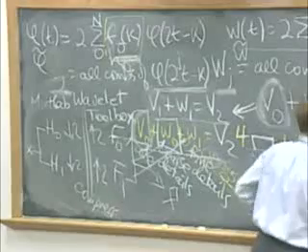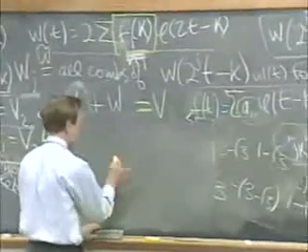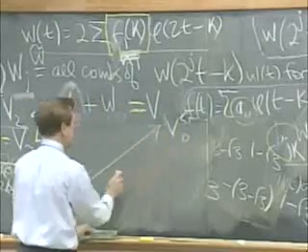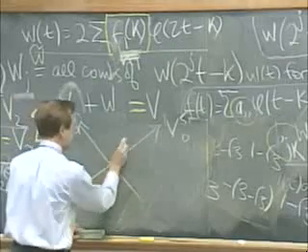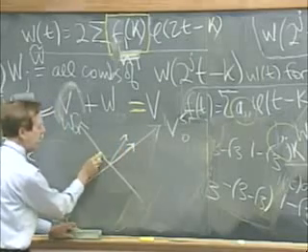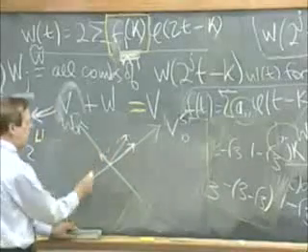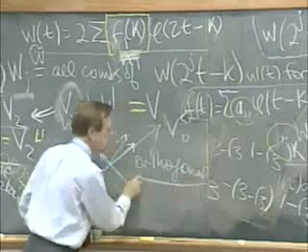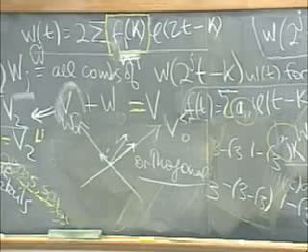Our V naught is some space of functions like this. Our W naught is some perpendicular space. You give me a signal. It's got a pretty big V naught component and a pretty small W naught component, but they're perpendicular. Okay, and this is for orthogonal spaces. And I get orthogonal spaces from orthogonal wavelets. I mean, the world of orthogonal is self-contained and consistent.